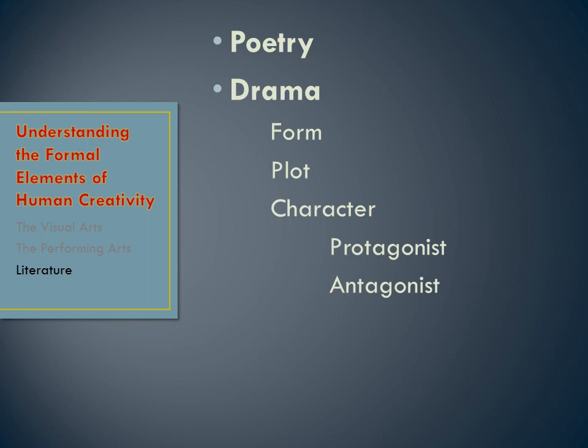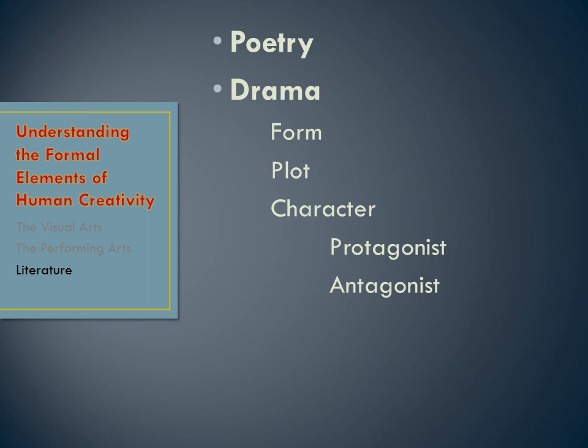The antagonist is the person or persons who are preventing the protagonist from solving his or her problem, experiencing what they are trying to experience or whatever. And the conflict is the attempts of the protagonist to solve his or her problem and the antagonist preventing him or her from doing that.